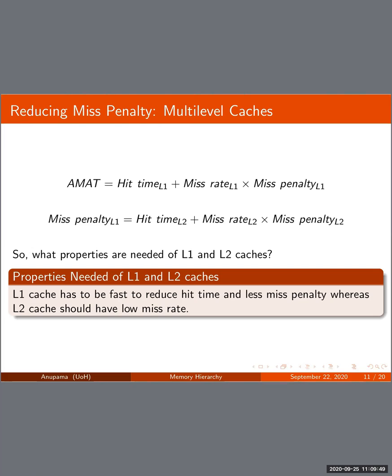How does it help? Because the number of accesses which go to L2 are not many, because we expect that most of the accesses will have a hit in level 1 cache. So if you have as few misses as possible in L2 cache, then your miss penalty at L2 level will be reduced.